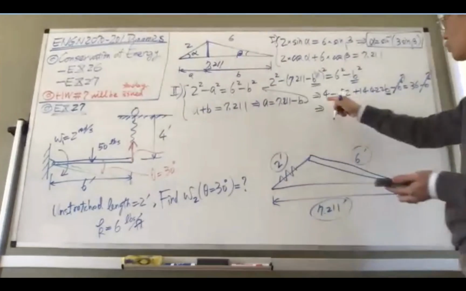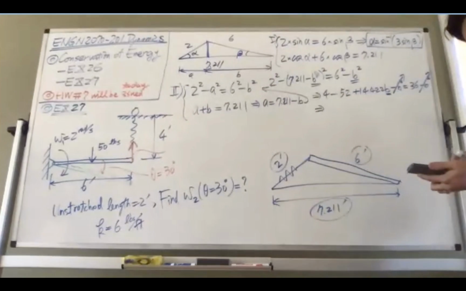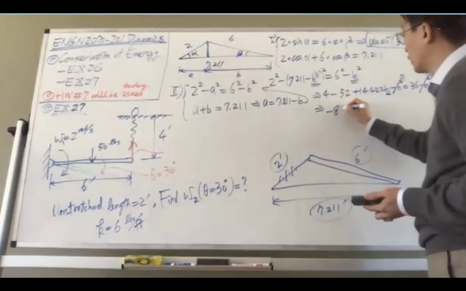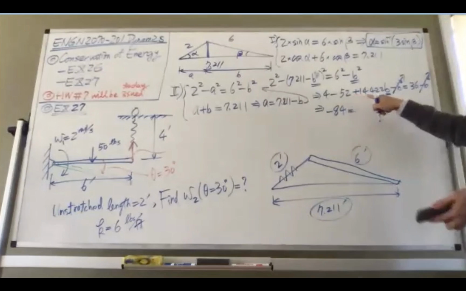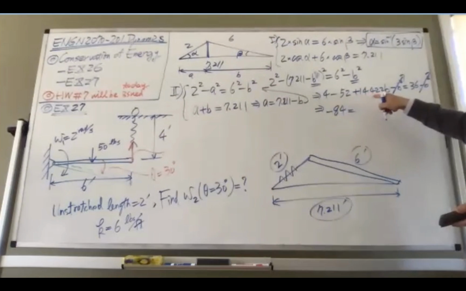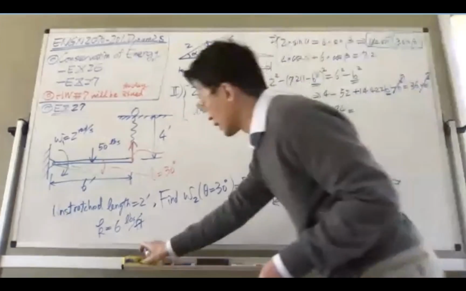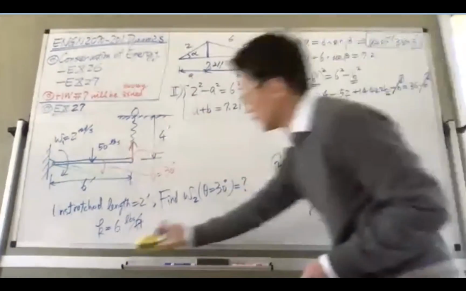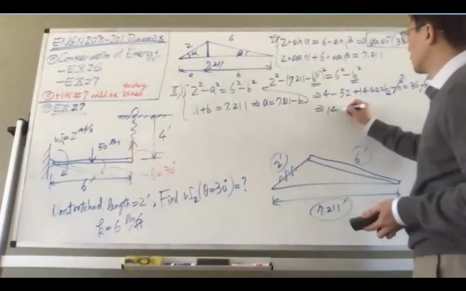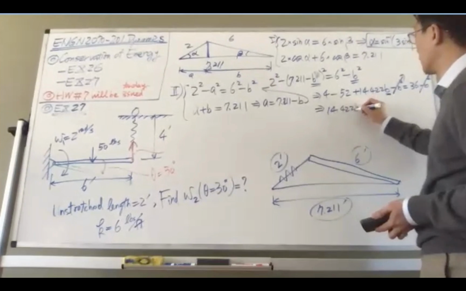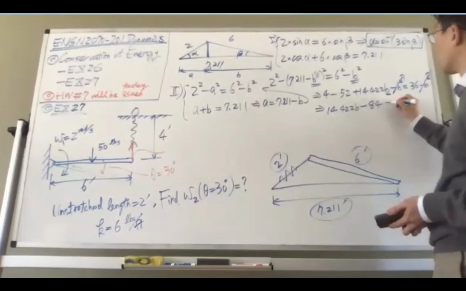So you can calculate this. This becomes 4 minus 52 minus 36, that is negative 84, plus 14.422 B equals 0. You move the positive 14.422 B from the left-hand side to the right-hand side, or you can simply say that 14.422 B minus 84 is 0.